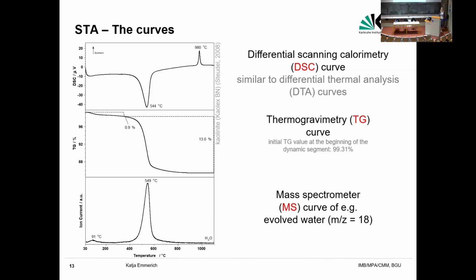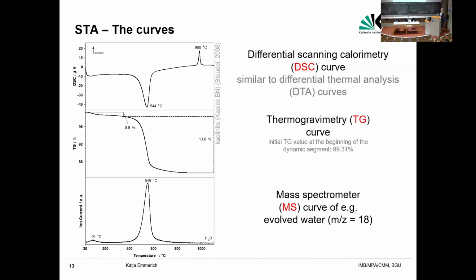You just cannot then calibrate the device to determine reaction energies. So DSC devices allow you to calibrate the measurement, and then from the area of a peak you can derive energies, which is not possible if you have a DTA device.